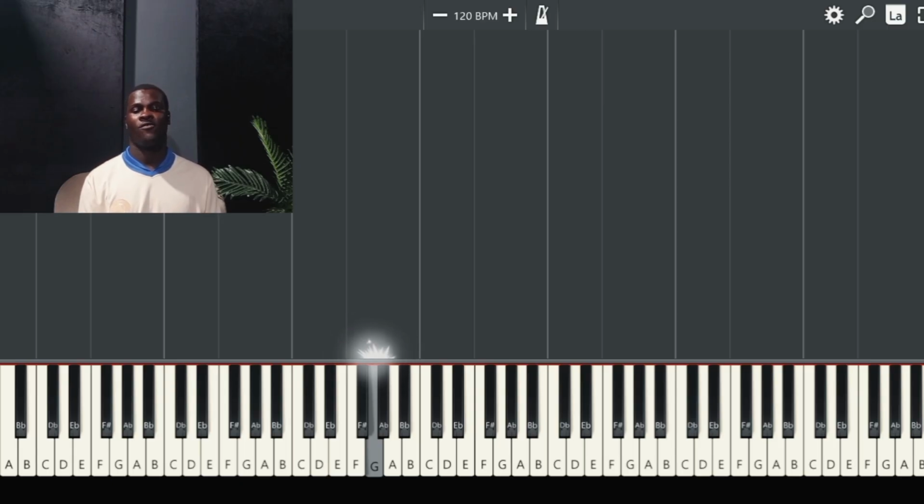You start from the beginning, which is the key of what? A. Once you get to the key of G, your next key will have to be the first letter of the English alphabet over again, because music just makes use of the keys A to G. So once you get to G, you start over from A.